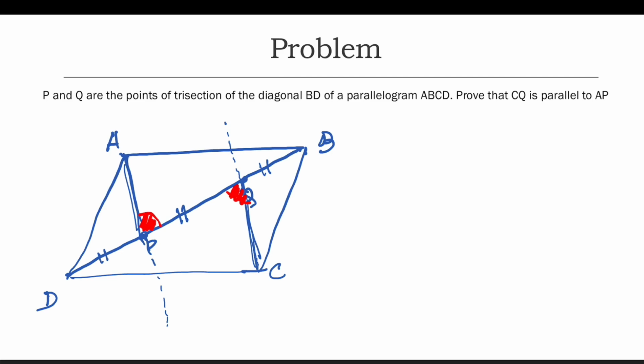Alternate angles, right? So if we can prove that these two angles are the same, or rather are equal, in that case we can prove that these two sides are parallel to each other. AP and CQ are parallel to each other, right? If alternate angles are equal, then the sides are parallel. Fair enough? So let's go back to this.